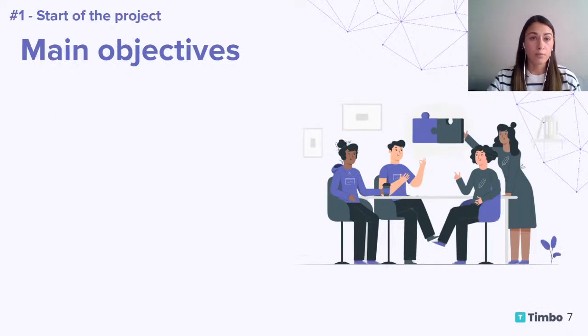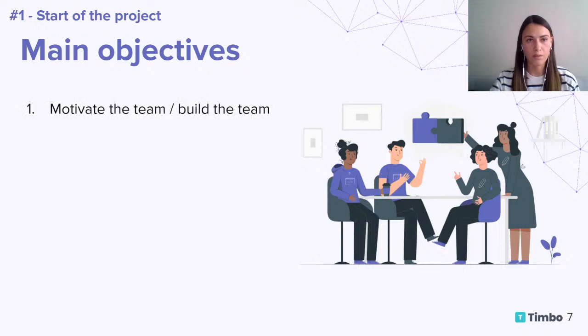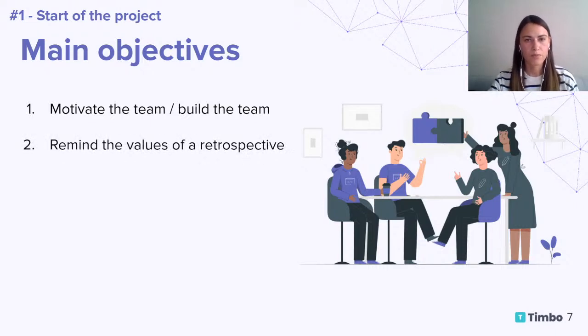So let's look at main objectives that you might want to achieve during your first retro with the team. Of course, the team might not know each other well, and you would like to motivate them. You would like to start building the team, some team spirit. This may fall down into your first retro.